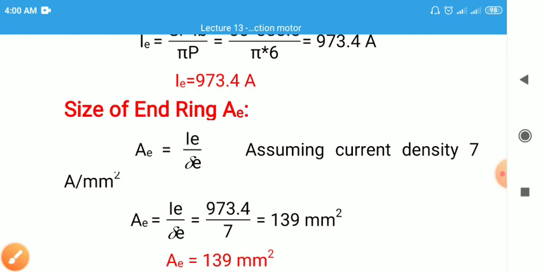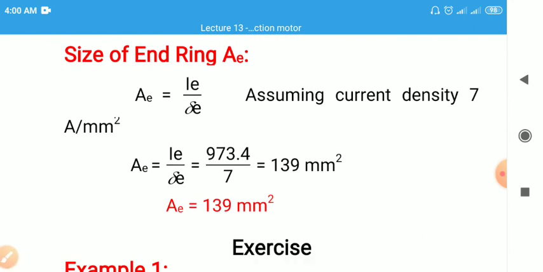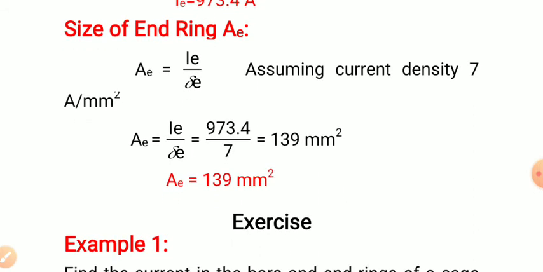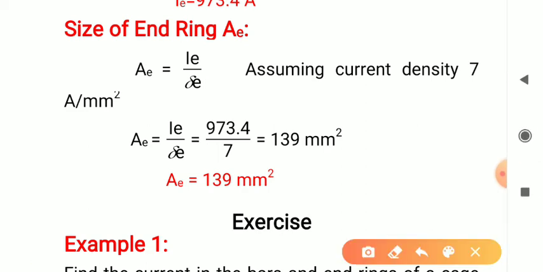And the next quantity is the size of the end ring. Similar to the size of the rotor bar, the size of the end ring is calculated by the ratio of the current in the end ring to the current density of the end ring. The current in the end ring we have calculated as 973.4, and the current density of the end ring is not given.